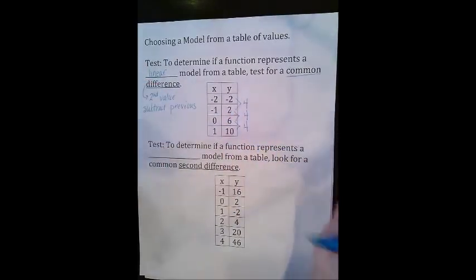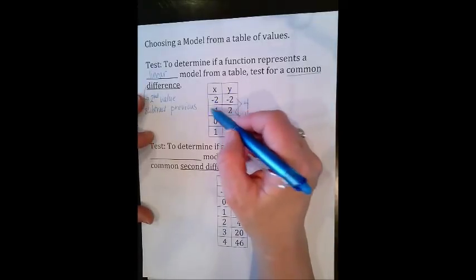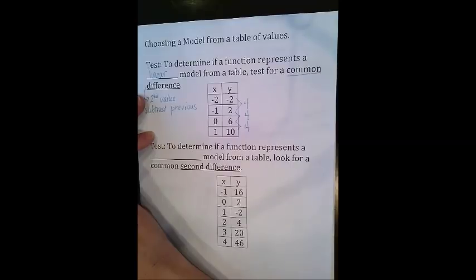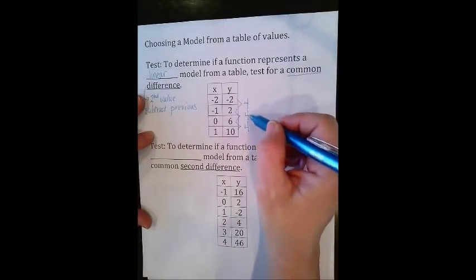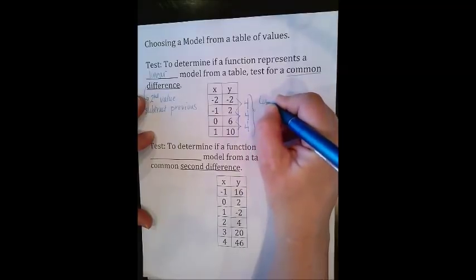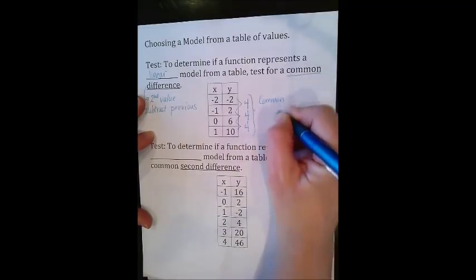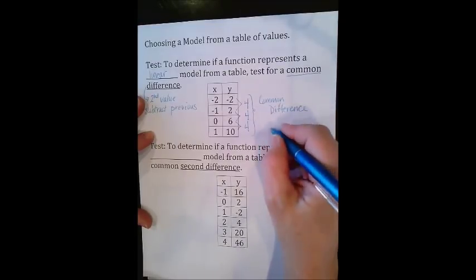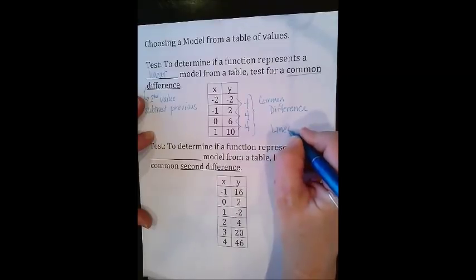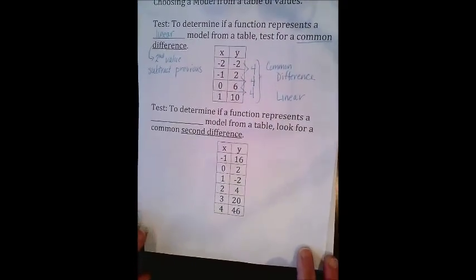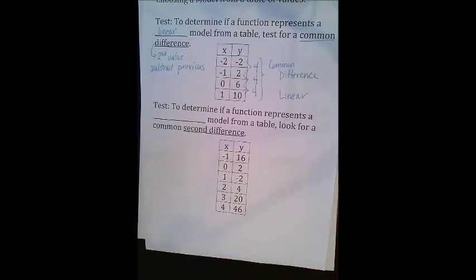And for the purposes of our notes, all of our x's are going to be a distance of 1 apart so that we can really focus in and zoom in on the y's. Since all of these are the same, this is a common difference. Common because they're the same. Difference is what you got when you subtracted. And anything with a common difference is linear. So that's how you can use a table to determine if they have a common difference.